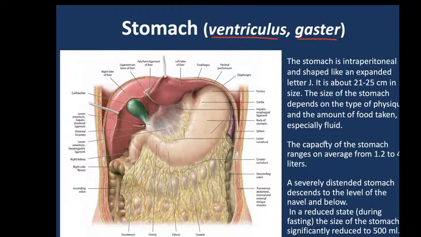That is quite a big portion of the gastrointestinal tract, about 1 to 4 liters in volume.